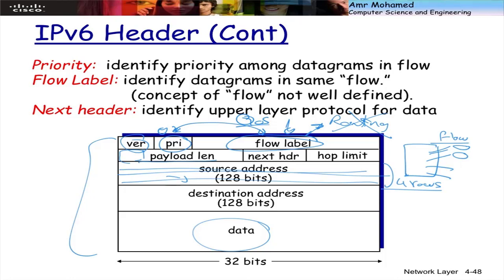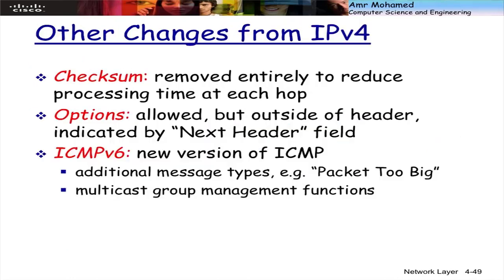Packet too big. Packet too big. We'll see that error in a minute. But they removed it from the header completely. So it is implicit. Okay, there it is, packet too big.